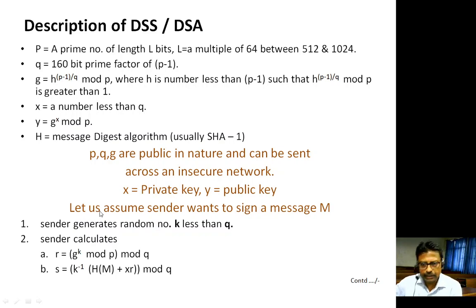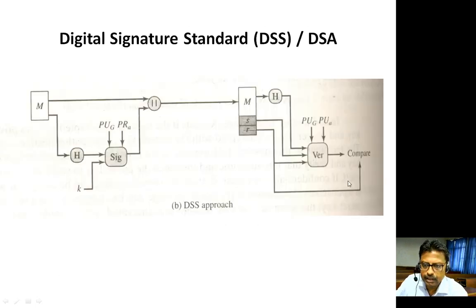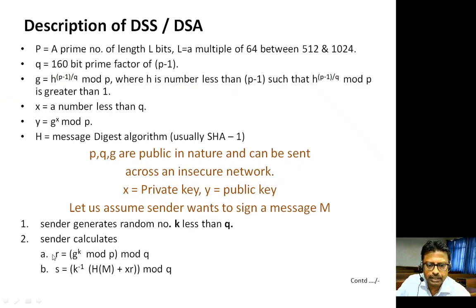Now, let us assume that the sender wants to send a message M. Before sending the message, all these things have to be done by the sender. The sender generates a random number k which is less than q, and then calculates two values r and s, the two components of the signature. These are calculated from values generated, assumed or calculated by the sender.